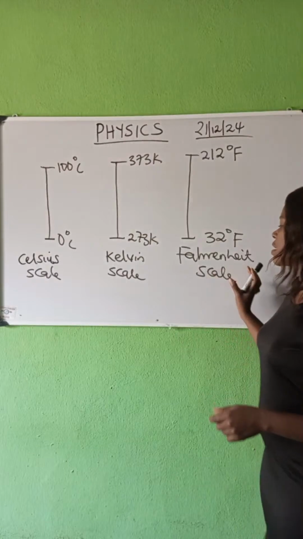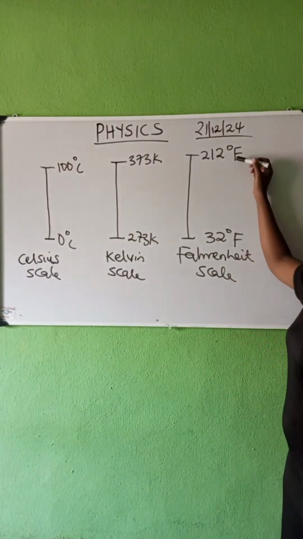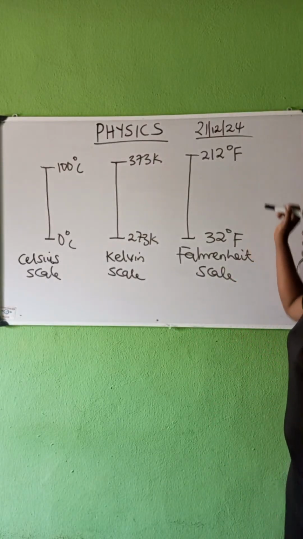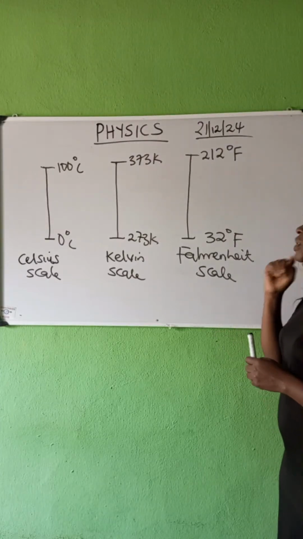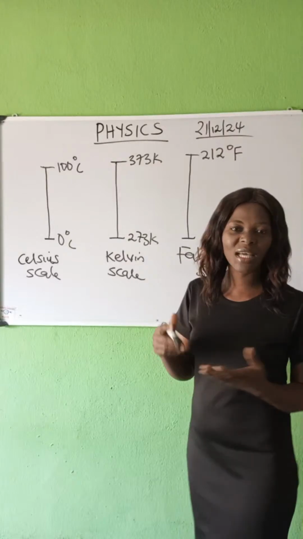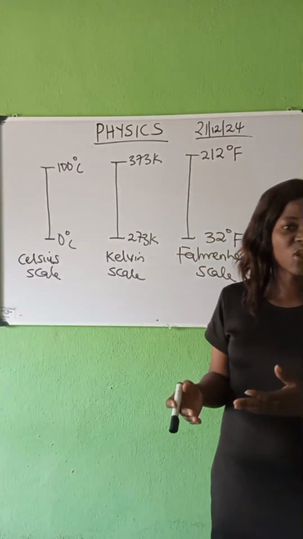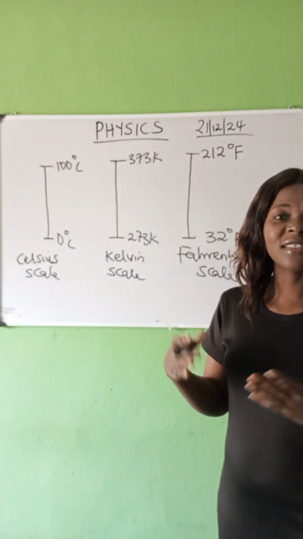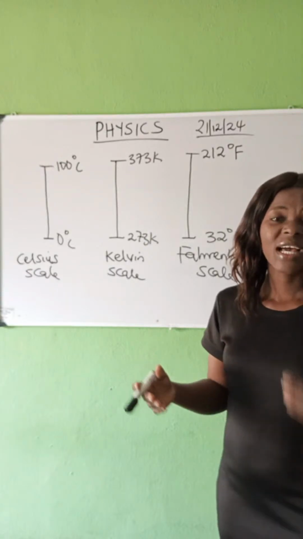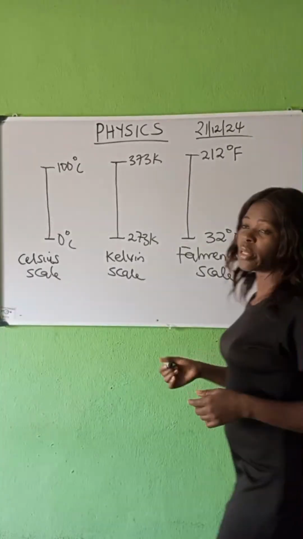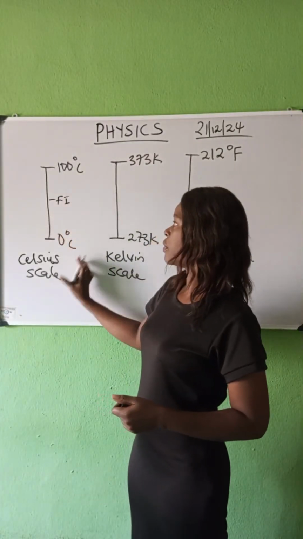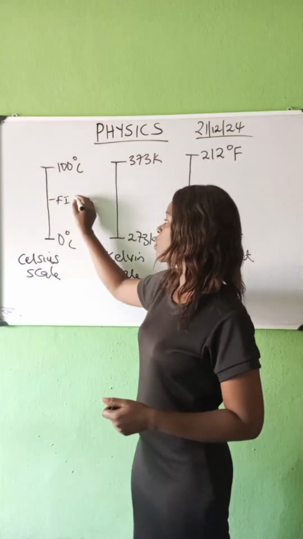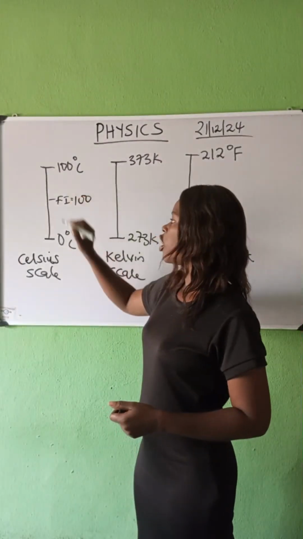Now, for the Fahrenheit scale, the upper fixed point is 212 degrees Fahrenheit, and the lower fixed point is 32 Fahrenheit. Is that okay? All right. So, what is the fundamental interval? I told you that the fundamental interval is the difference between the upper fixed point and the lower fixed point. So the fundamental interval for the Celsius scale is 100 minus 0, which is what? 100, right?